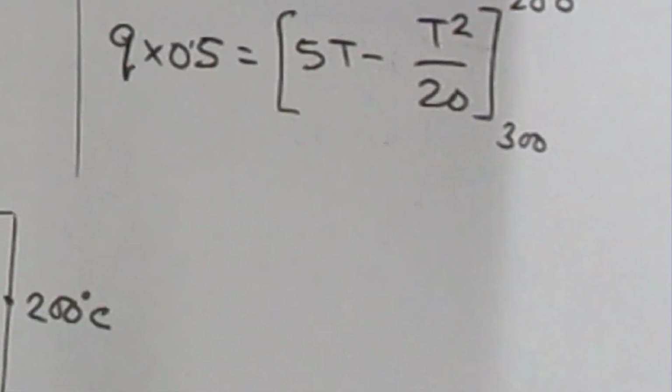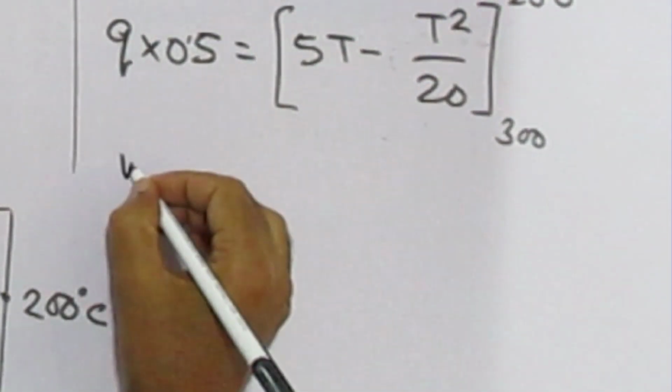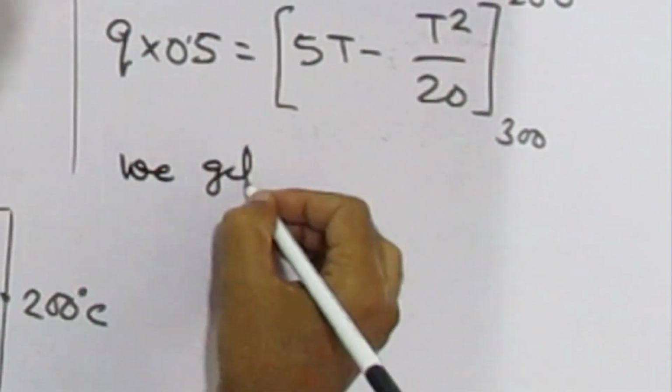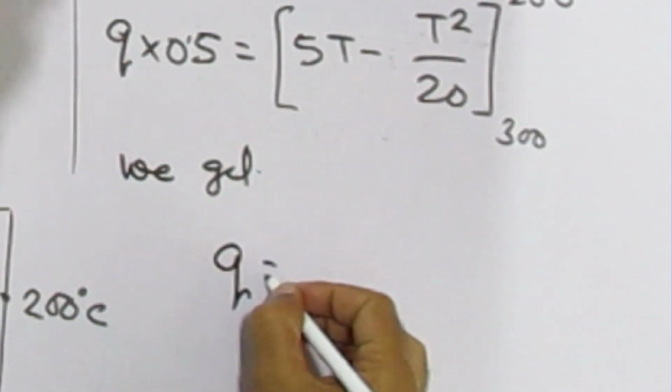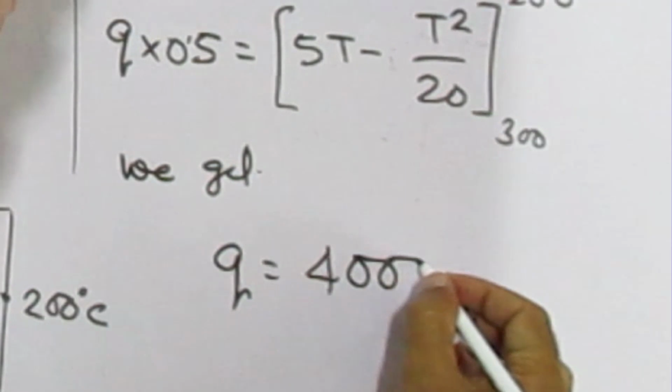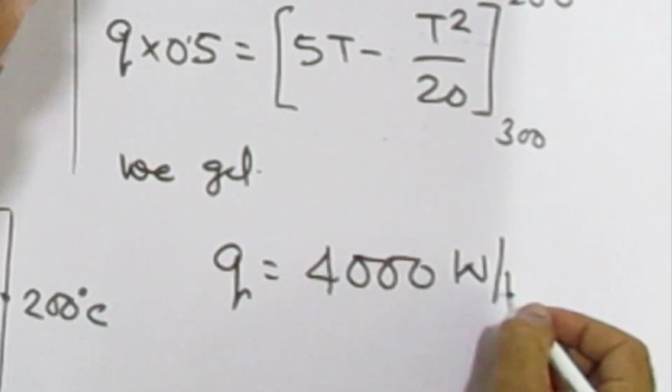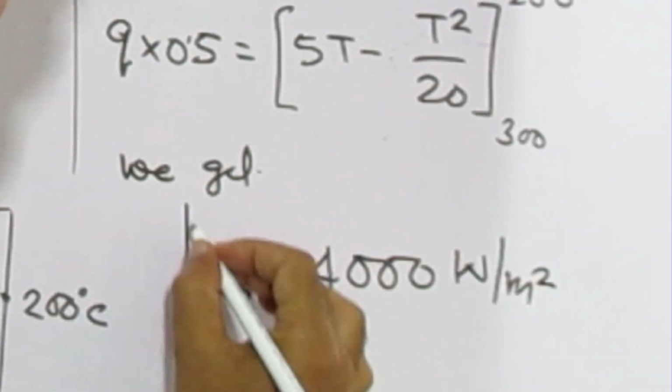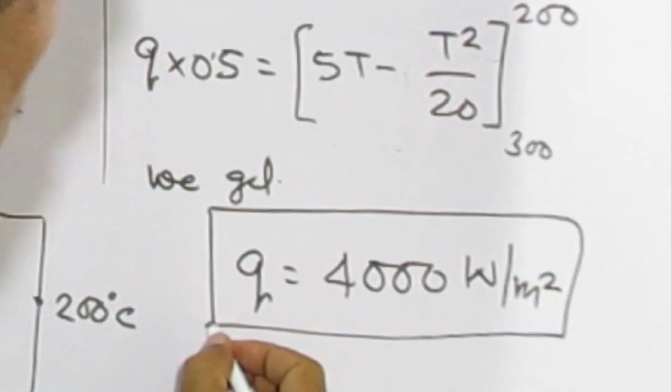By solving, we get Q equals 4000 watt per meter square. This is the answer.